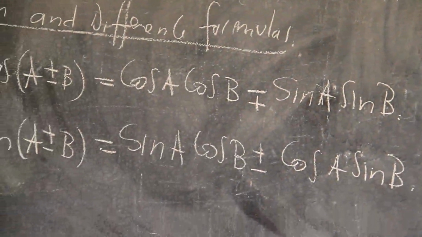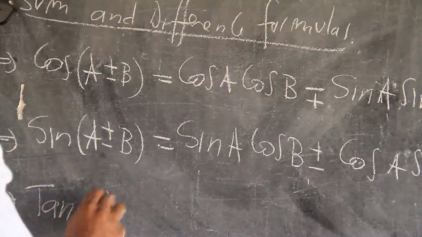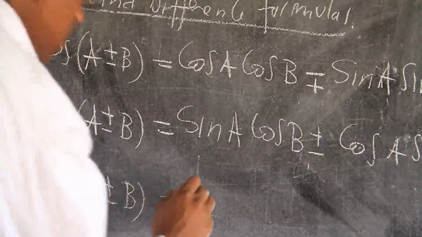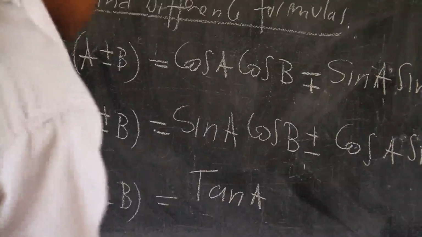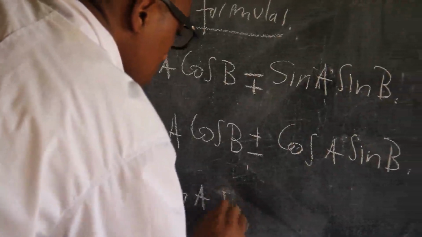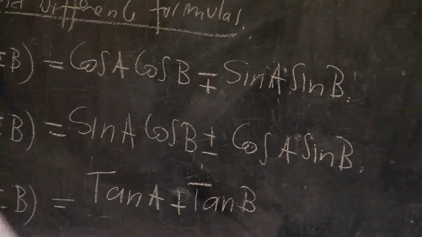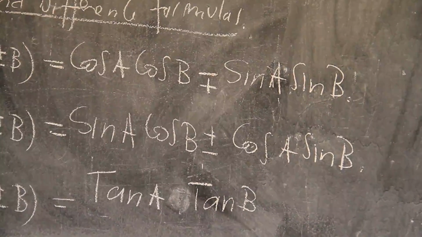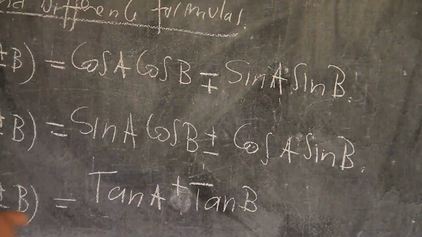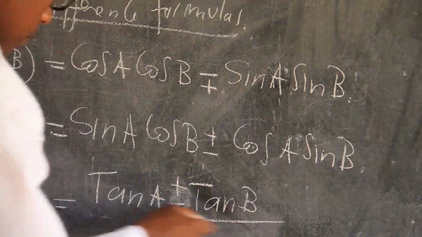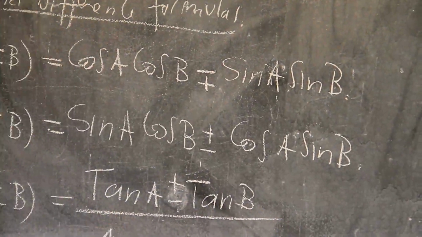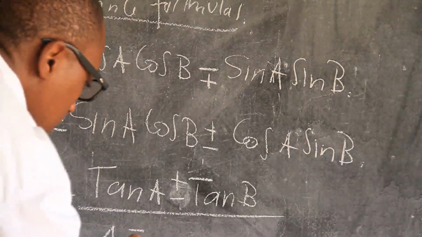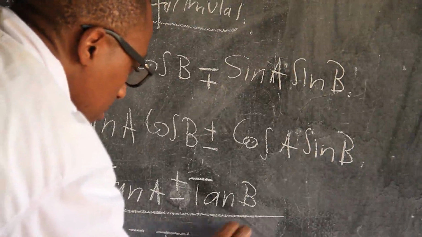So for tan, it is of course tan A plus or minus tan B over 1. For plus in the numerator, it is plus; minus, it is minus. Over 1, for plus it is minus, for negative it is plus, tan A tan B.